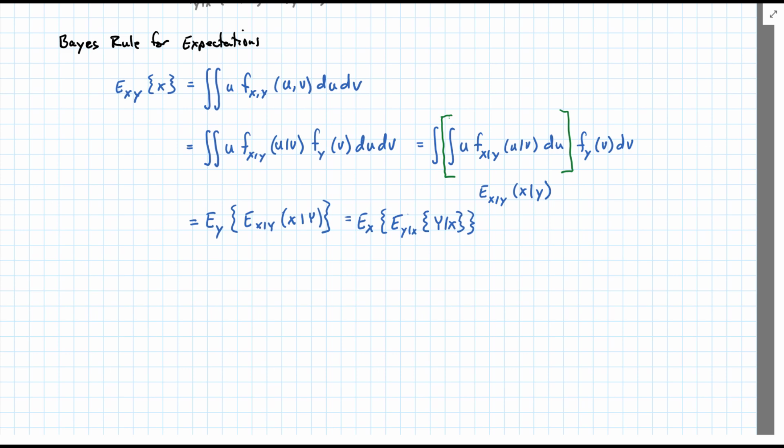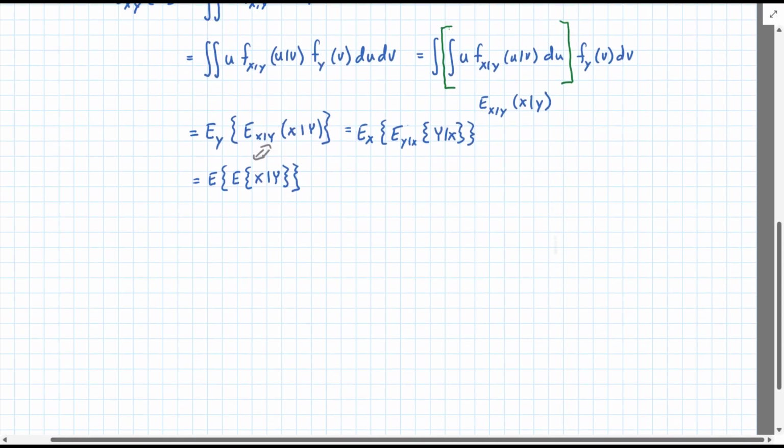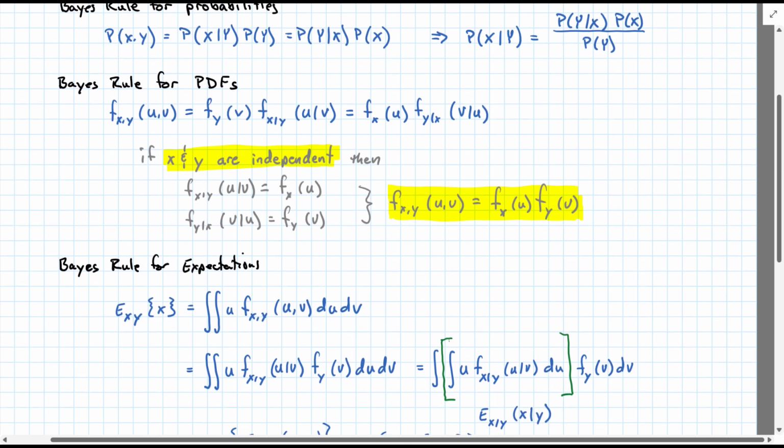Because the argument implies it, you will also see it simply written as the expected value of the expected value of x given y. And this is the same as that.